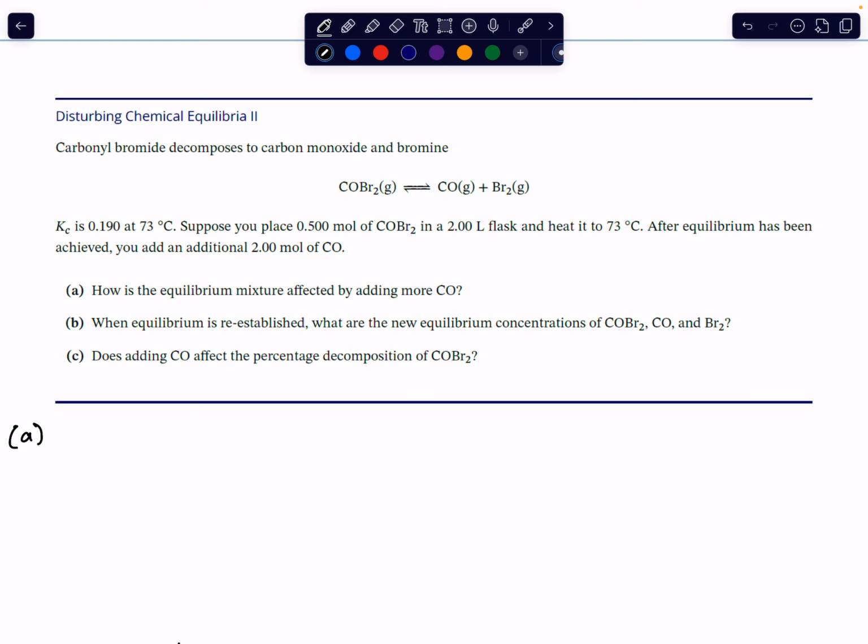So the system would want to reduce the carbon monoxide concentration, and hence it will reduce the product concentrations, favoring the reverse reaction, increasing the concentration of the carbonyl bromide, shifting the equilibrium to the left.